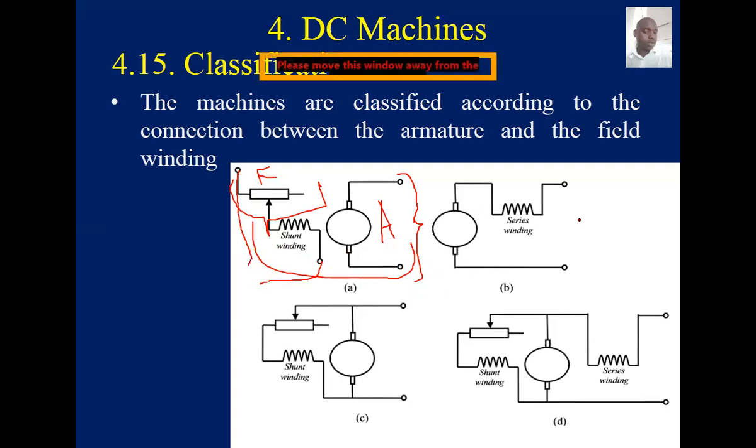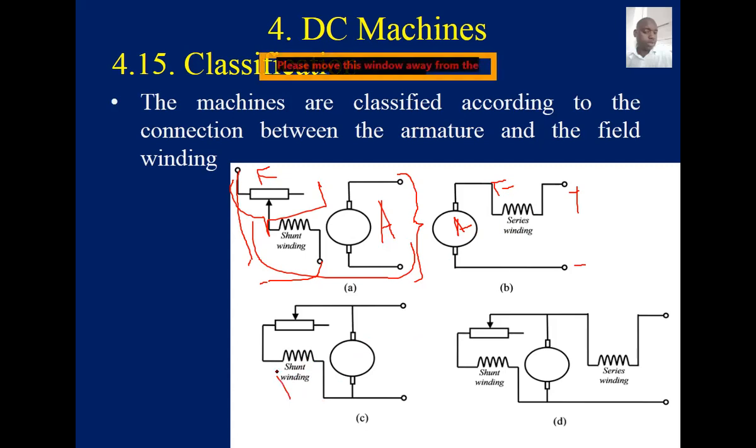Then there is a series wound machine where the armature and the field are in series, which means we only have one source of EMF connected to both the series field and the armature winding, which means the armature winding and field winding currents will be the same. Then there is what is called a shunt machine, that means it's shunt wound.